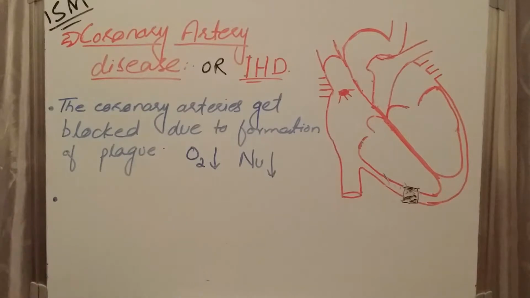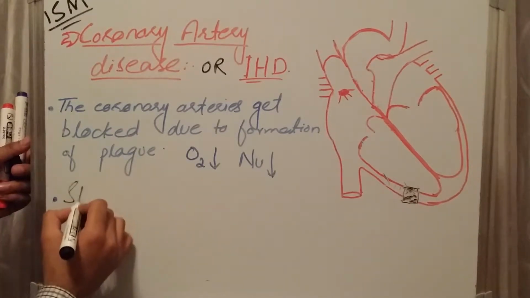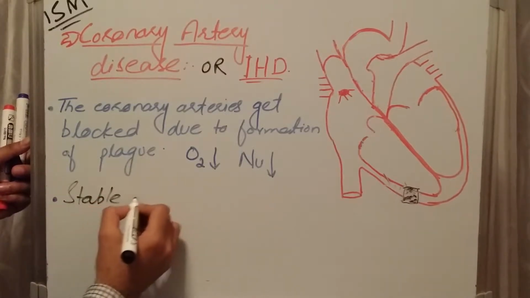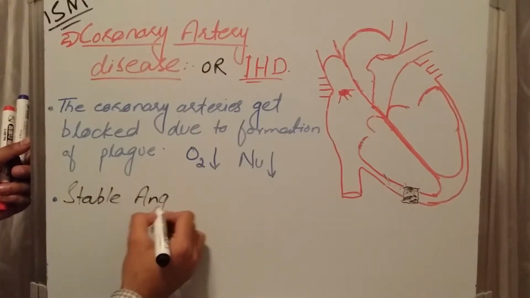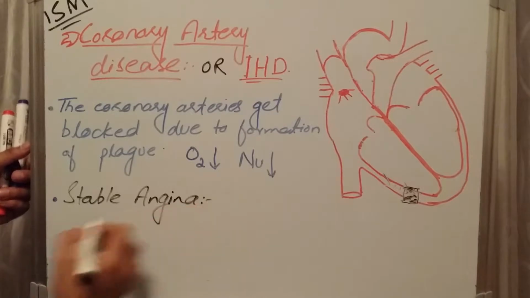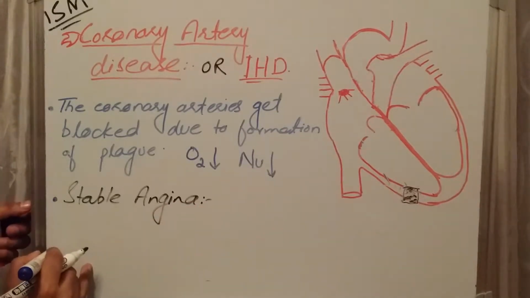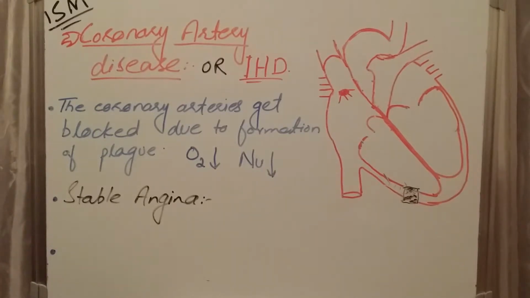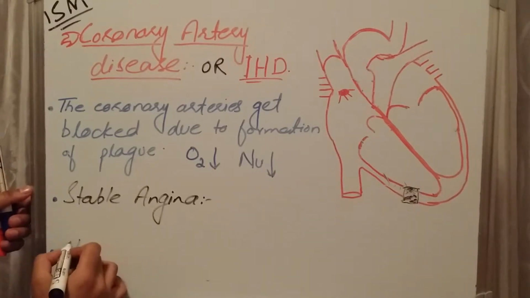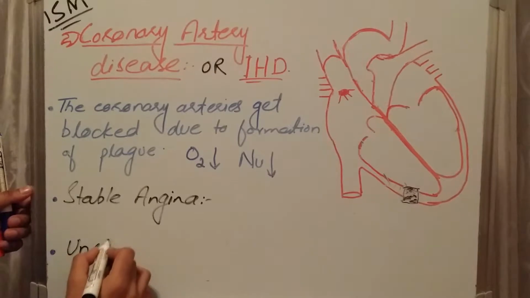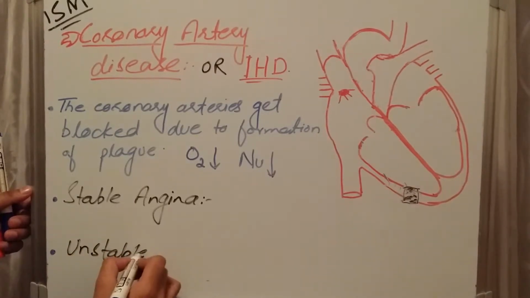And there are two types of angina. What is stable angina? Stable angina. The other one is unstable angina.